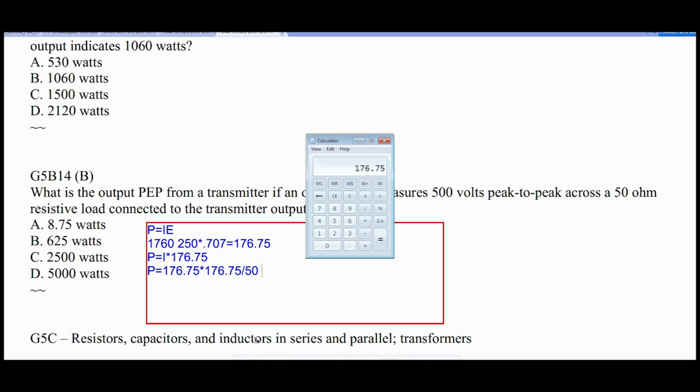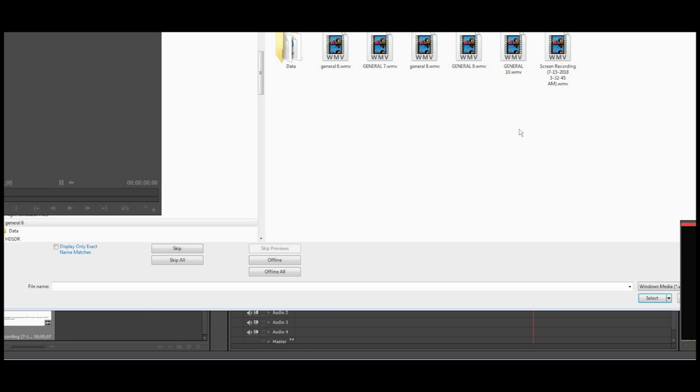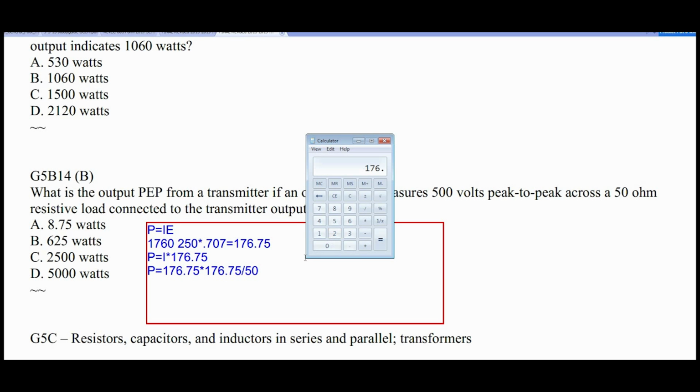Time for the calculator again, 176 times 176 divided by 50. All right, so the answer is B, and it is.